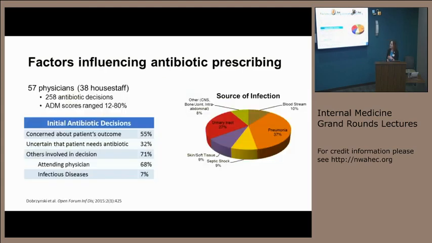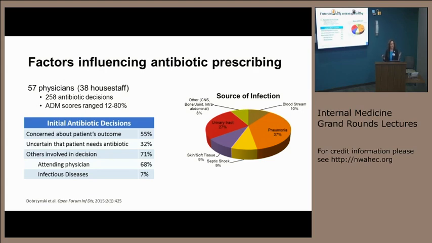And so we enrolled 58 physicians. We looked at 258 antibiotic decisions, and then we calculated appropriate decision-making scores based on the infection they were treating and comparing it to available guidelines.